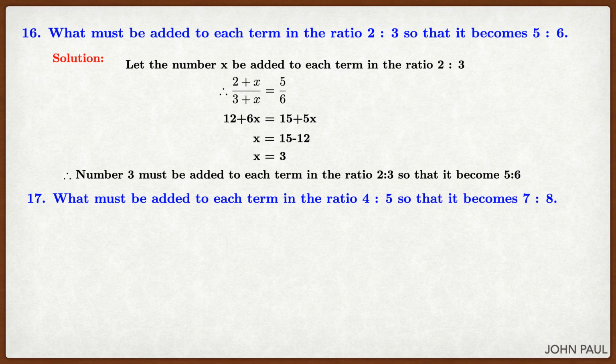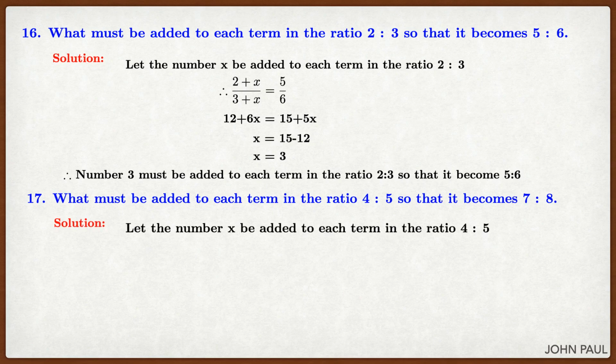17th problem. What must be added to each term in the ratio 4:5 so that it becomes 7:8? Same as the previous problem. Solution. Let the number x be added to each term in the ratio 4:5. We will add x. Therefore, 4 plus x by 5 plus x equal to 7 by 8.